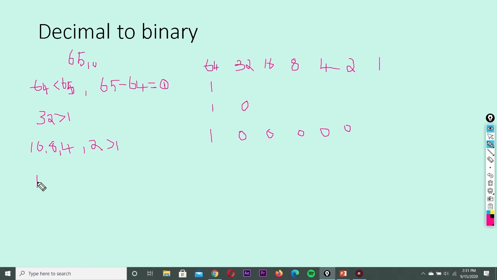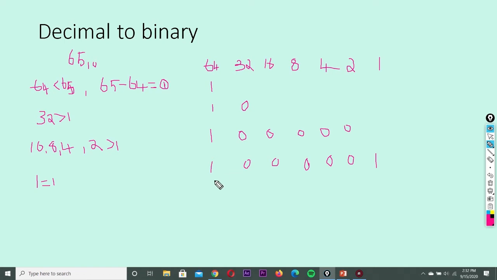So 1 is equal to 1, and if it is equal also we have to write 1. So you copy the earlier bits, 0, 0, 0, and the last, since it is equal, we write 1. So if it is lesser than or equal, make it 1. If it is greater, then we write 0.